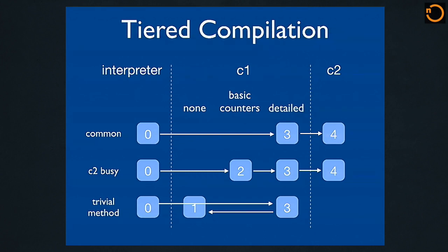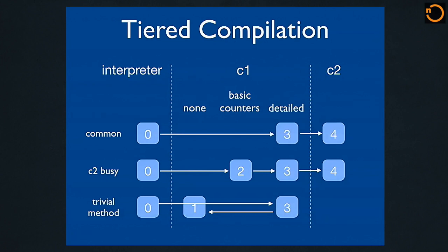on things like that, what will happen is you'll start off in tier 0. You'll go to C1 in tier 3 or tier 2, and it will say, that wasn't very hard, and I don't need any more information to do this. So I'm just going to instantaneously recompile in tier 1, which is C1 without any overhead.